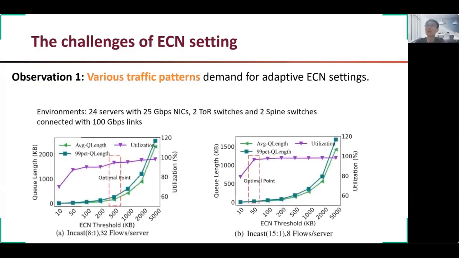We build a testbed. In the first case, in the left figure, you can see the optimal ECN threshold is 500 KB for a small queue in buffer with high throughput. But in the right figure, the second case, the optimal ECN threshold is 50 KB.